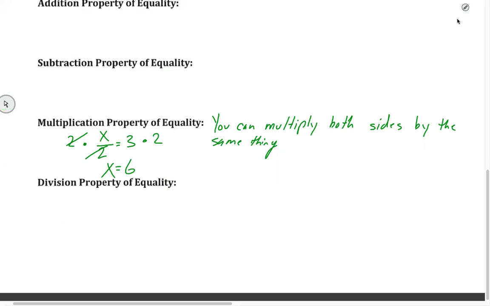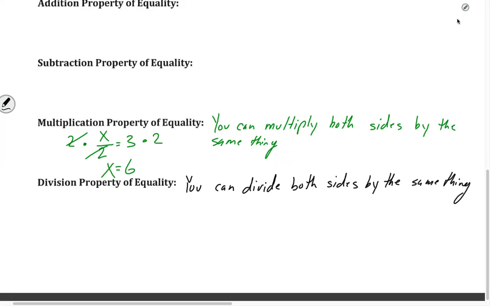And if you couldn't guess it by now, you can divide both sides by the same thing. Well, what if I had 2x equals, say, 8?